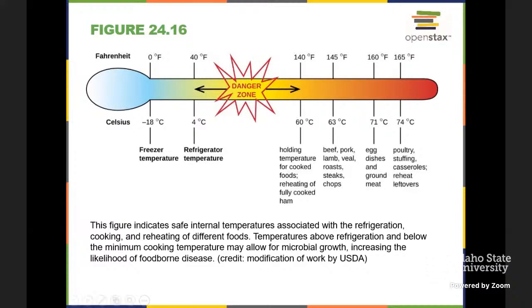So we think about freezing or refrigeration temperatures, creating opportunities for microbes to be inhibited, not necessarily killed, but a safer situation. Bumping it over to warmer temperatures, keeping things warm at temperatures out of this danger zone from 40 to 140 Fahrenheit, or between 4 to 60 Celsius.